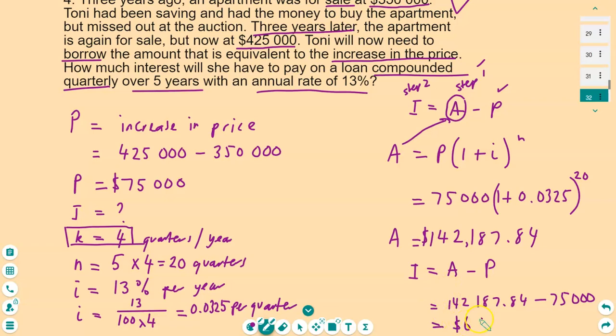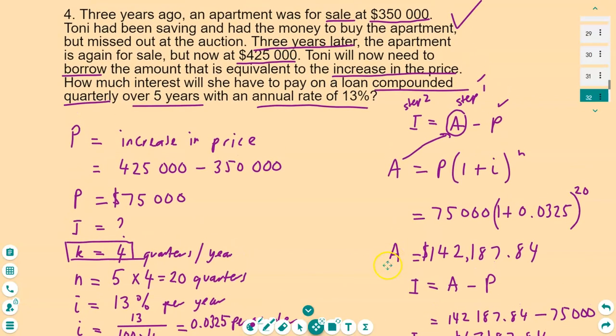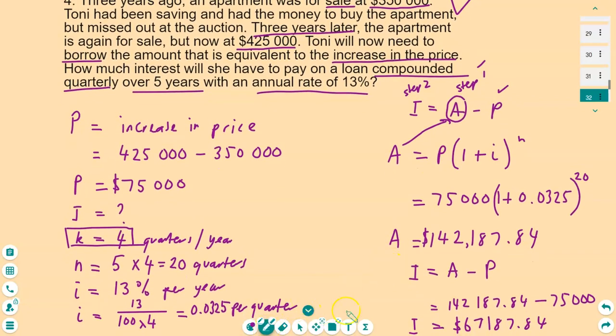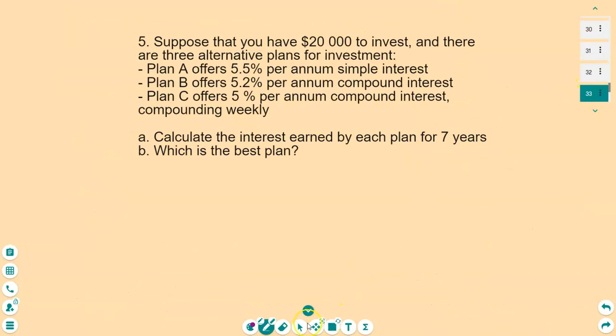It's a lot of interest to pay back. $67,187.84. I don't have that much money. I don't know how people do it. That's the answer to that one.